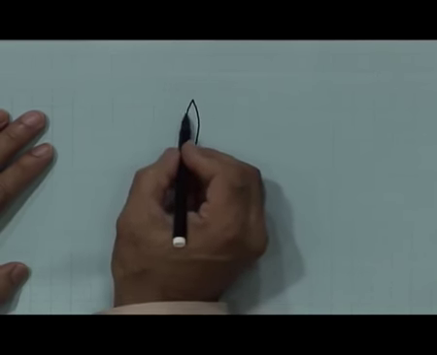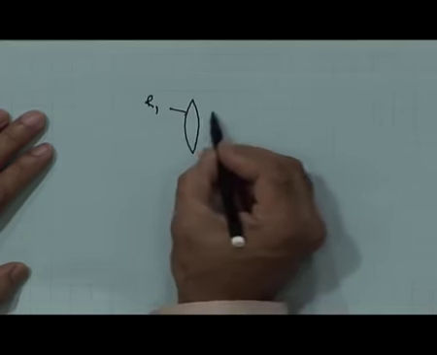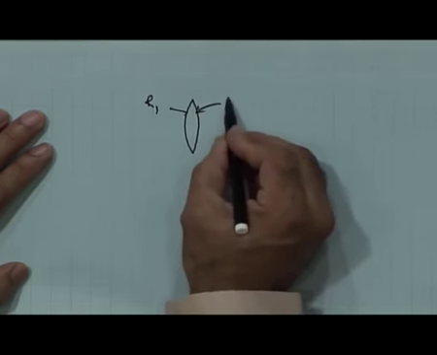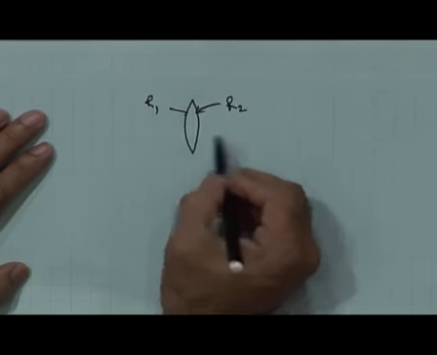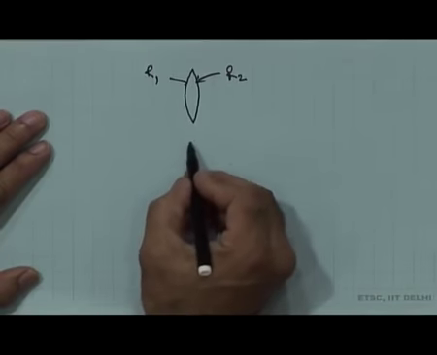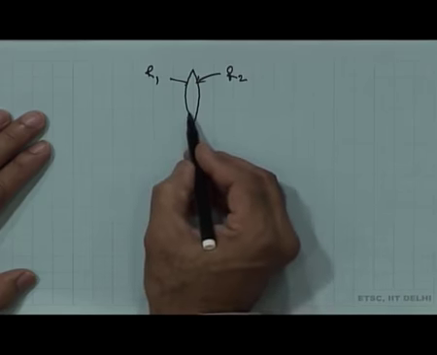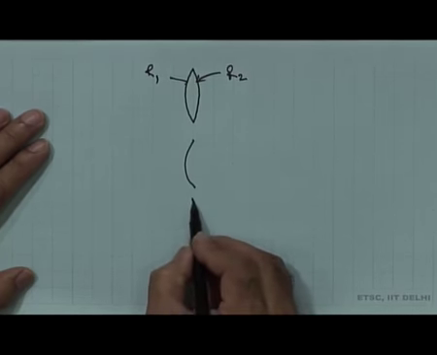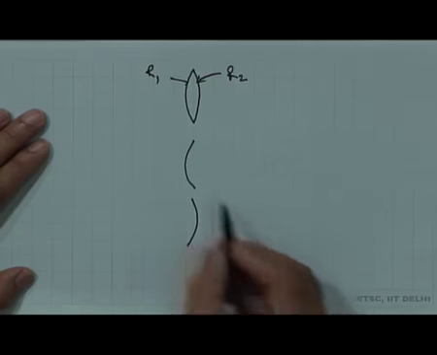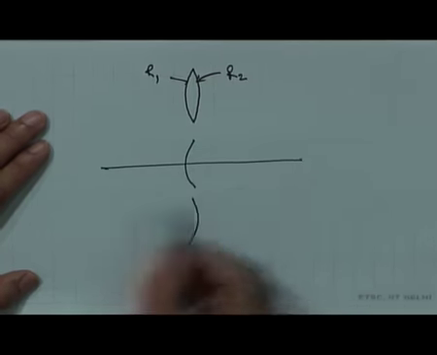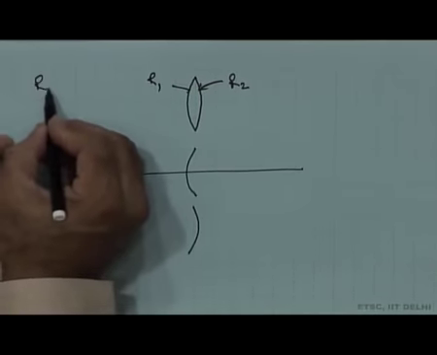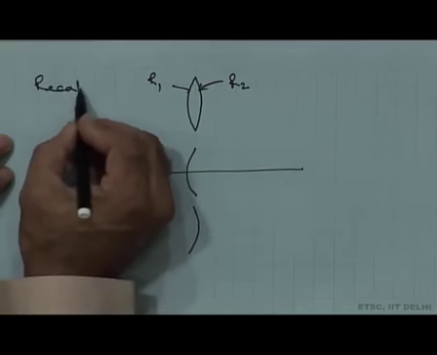This is refracting surface R1 and this is refracting surface 2 of radius of curvature R2. So we treated this first as refraction at the first surface R1, followed by refraction at the second surface. This is just to recall, because we want to apply the same technique here.